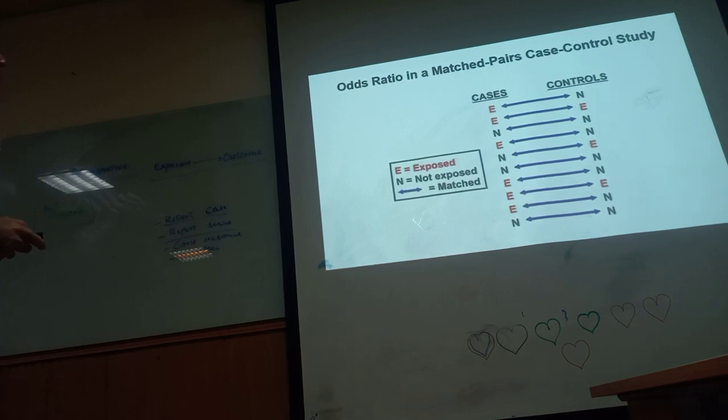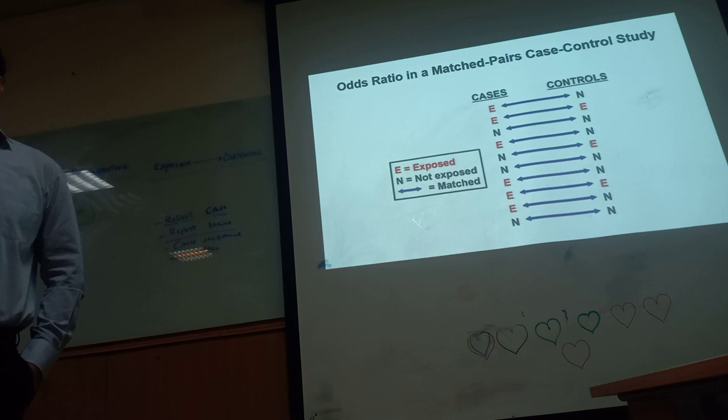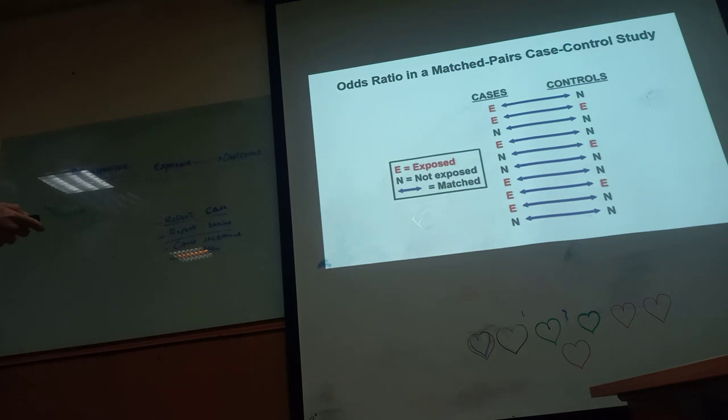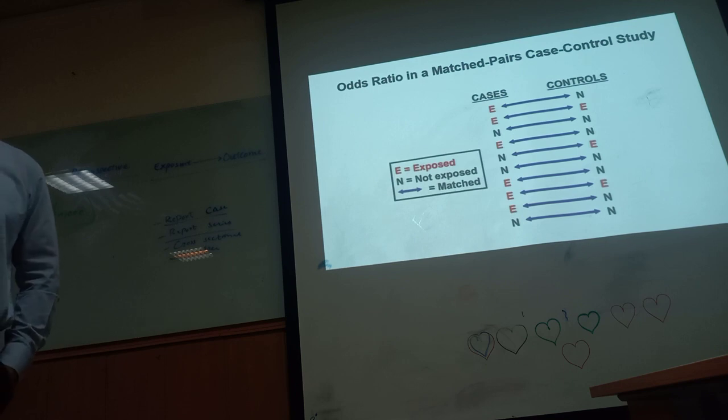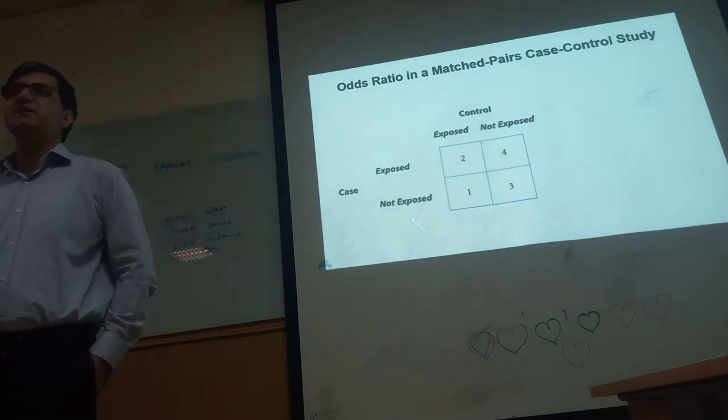And if the case is not exposed, like in this one, but the control is exposed, it's opposite to our hypothesis. Yes? And in those pairs where both cases and controls are exposed, or both cases and controls are not exposed, they are neutral. So, for a matched case control study, we have a number of pairs, let's say 10 pairs.